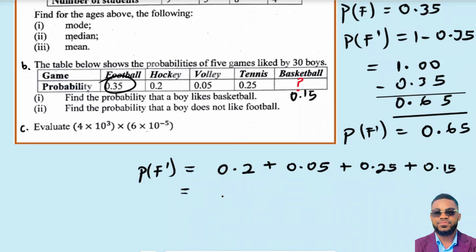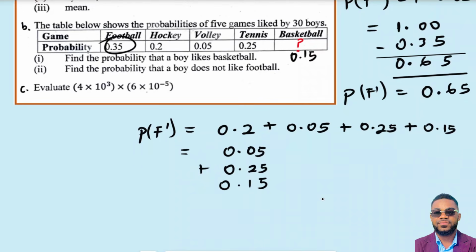So in a vertical form, we have 0.05. I want to arrange it in a correct order. So we have 0.25, 0.15. The last one is going to be 0.2. So this is what we're going to get.